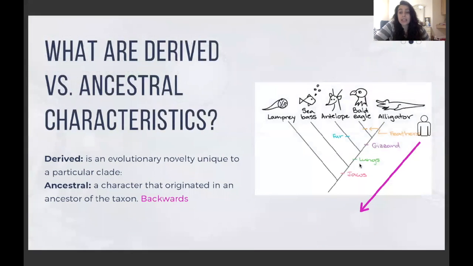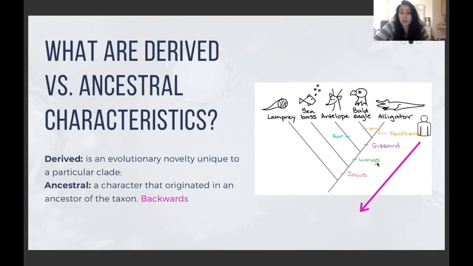On the other hand, if we're trying to look at it from an ancestral point of view, we're going to look at it backwards. And again, this is what backwards looks like to me, but to be more specific, it's going from our most specific group to our least specific group on our phylogenetic tree.